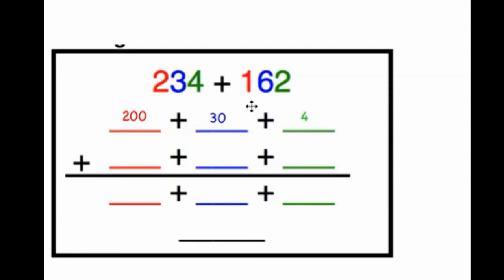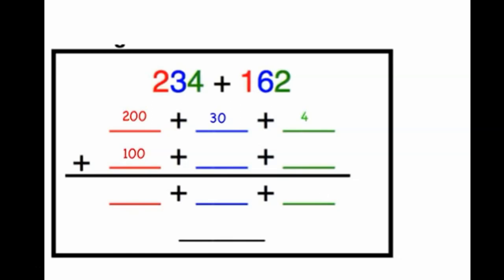Next, let's look at the number 162. What is the value of the digit 1 in the hundreds place? The digit 1 in the hundreds place has a value of 100. What is the value of the digit 6 in the tens place?